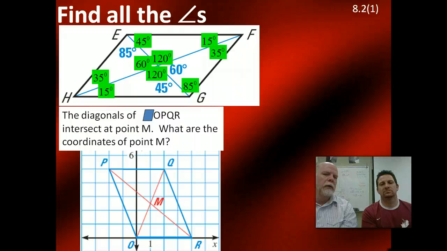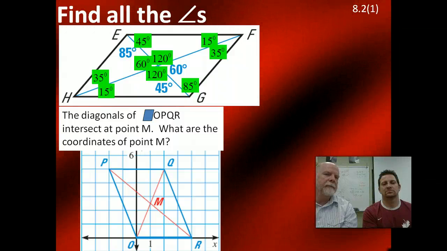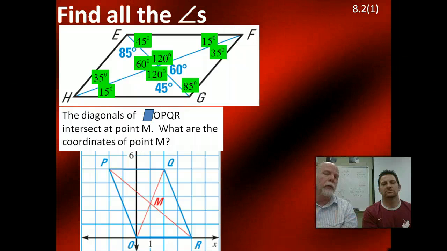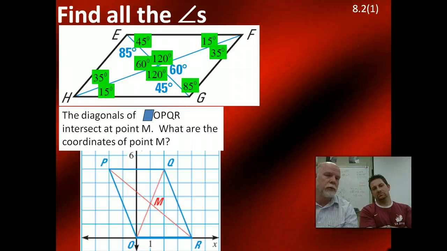And so if the two diagonals bisect each other, then you could just find the midpoint of either one of those two diagonals, and that would give you the coordinates of that point. And so you got to remember the midpoint formula.